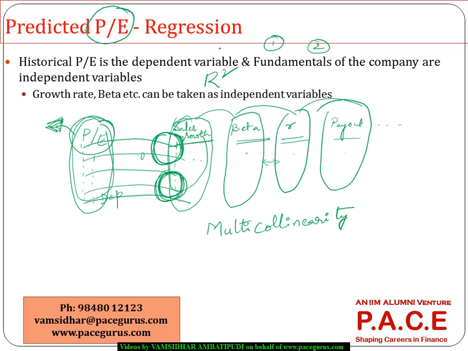So enough care has to be taken while using this regression model for predicting our P by E ratios. Though we can use these regression based models to predict the multiples for the future, their limitations also need to be kept in mind.